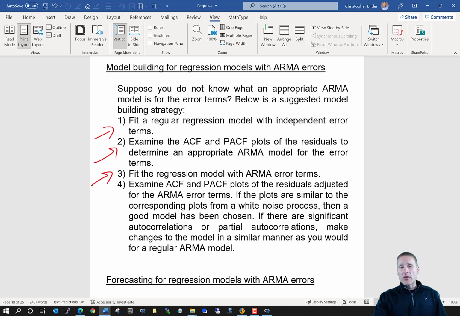Estimate that regression model now with this new way of looking at the error terms, then look at the ACF and PACF plot of the new model's residuals, and let those residuals guide you in how to handle these error terms. And again, you might have to do this in an iterative manner.